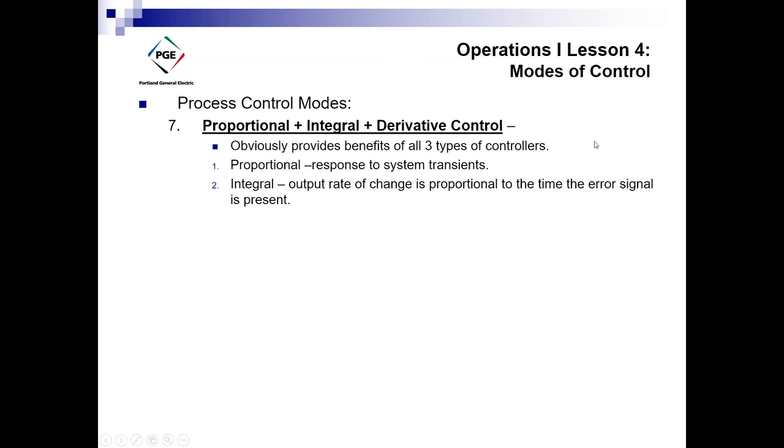The larger the system transient, the larger the proportional signal. And then derivative responds to the rate of change in the error signal. So if it's a large rate of change in the error, then the derivative response is going to be large. So the integral is time, derivative is rate of change, and proportional is magnitude. So you factor all those in. Hopefully that kind of puts everything in perspective.